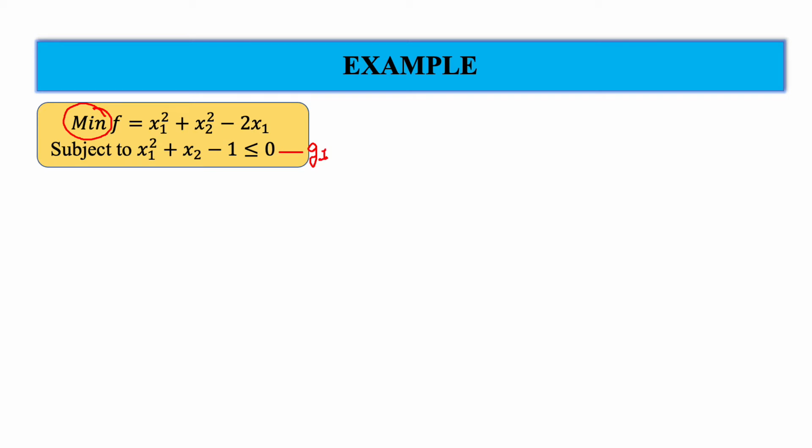First we will see whether the objective function and all constraints are convex or not. What will be the Hessian matrix for f? The Hessian matrix of f will be, double differentiation with respect to x1 gives me 2, 0, 0, 2. So that's my Hessian matrix.